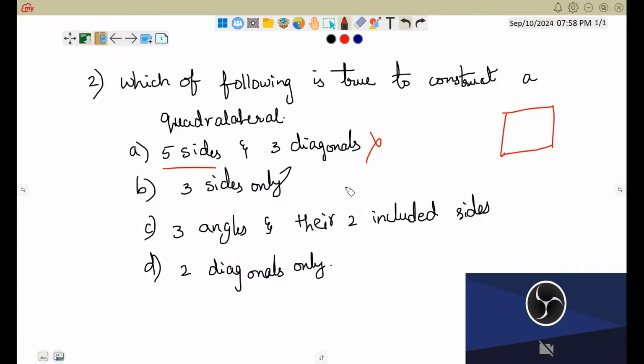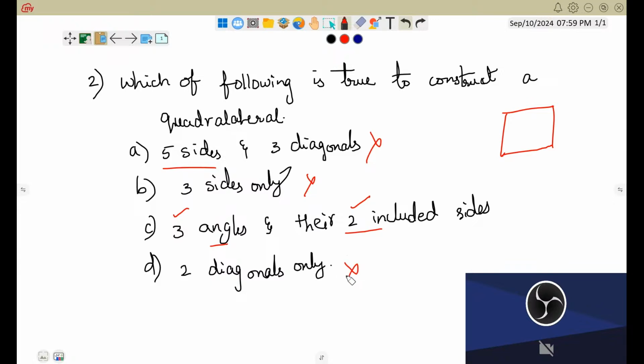Next, if only 3 sides are given, we cannot construct a quadrilateral. At least we require 5 measurements. Option C, 3 angles and 2 included sides. Yes, it is possible. At least 5 measurements we require here. 2 sides are given and 3 angles are given, which is very easy to construct.